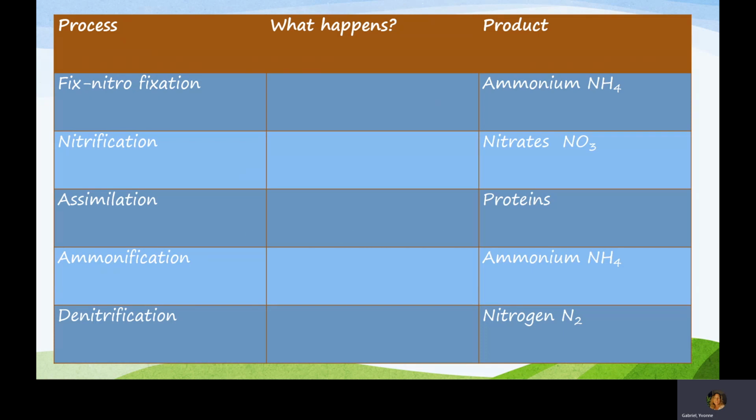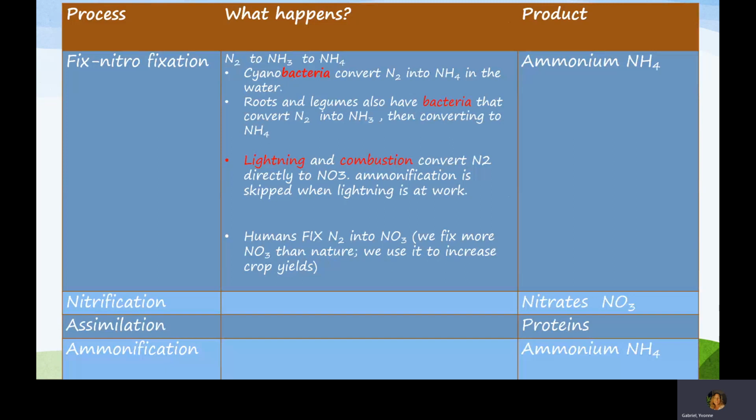Pause and guess. These are all the possible biotic and abiotic ways that fixation turns nitrogen gas into ammonium. Notice the role of bacteria. This is very important. Also note that nitrogen gas can be fixed abiotically through lightning and combustion. Abiotically. I love lightning. And this is actually why I love lightning so much.